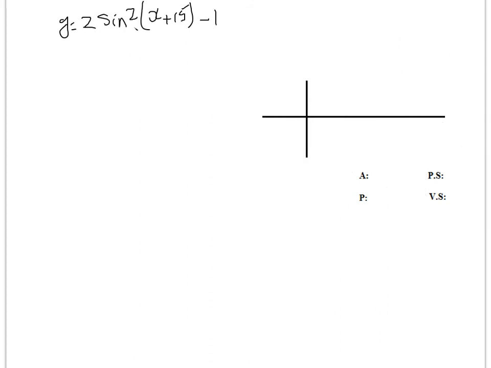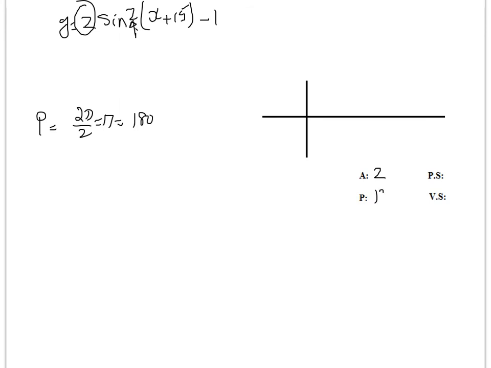Okay, the last example, y is equal to 2 sine 2 times (x plus 15) minus 1. Again, the amplitude is the coefficient of sine, which is 2. To find the period, we use the value of b, so the period is equal to 2 pi over 2, which is pi, which is 180.